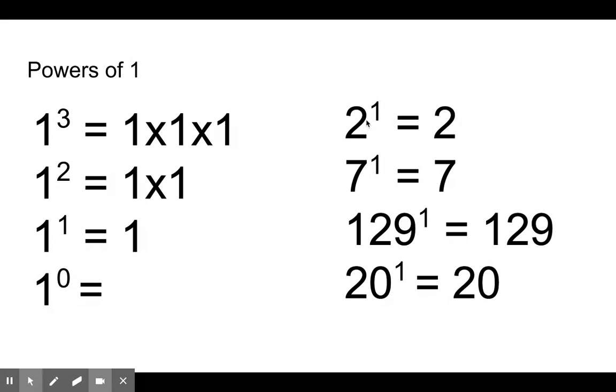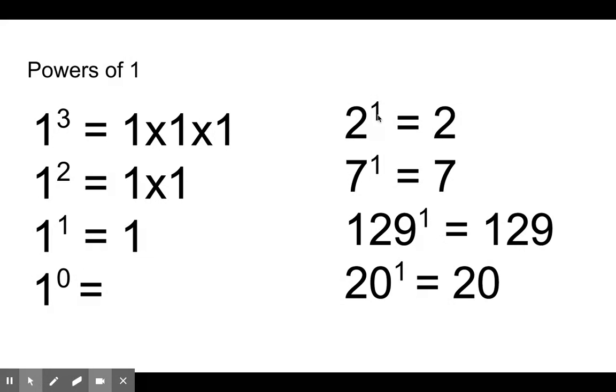Also, if you switch it around and you have a base with a power of 1, so 2 to the power of 1, for example, you just end up with that number back, right? 2. It's not being multiplied by anything. It's being multiplied by itself, but only once. So 2 to the power of 1 is clearly just 2. 7 to the power of 1 is clearly just 7. 129 to the power of 1, same.